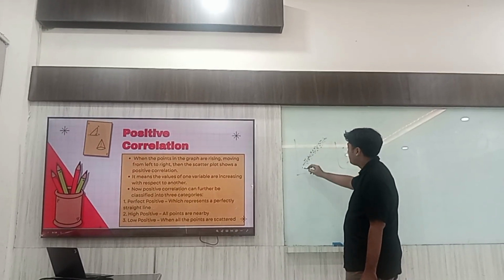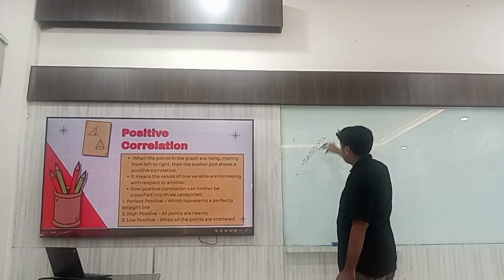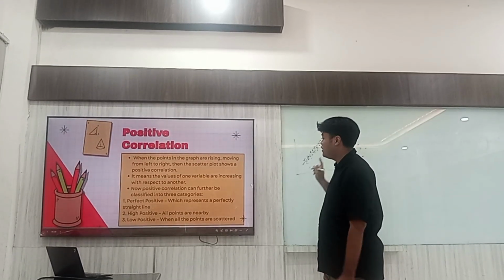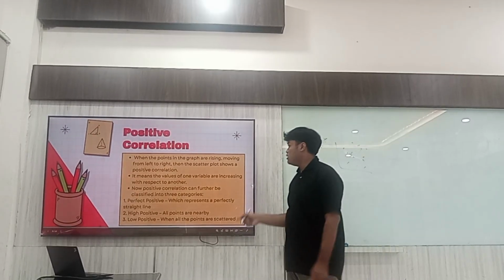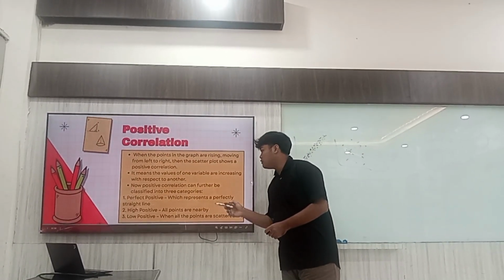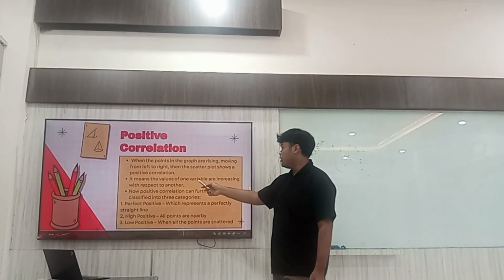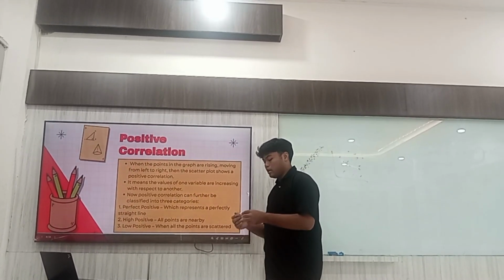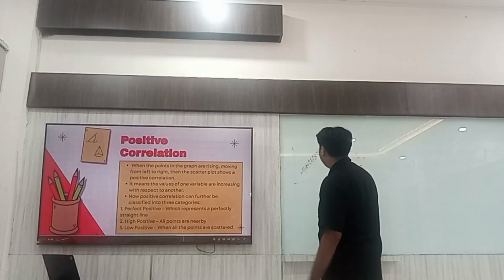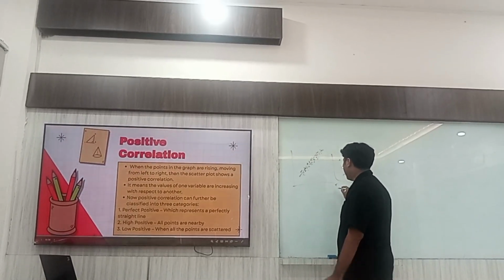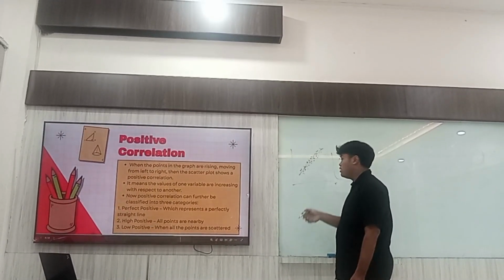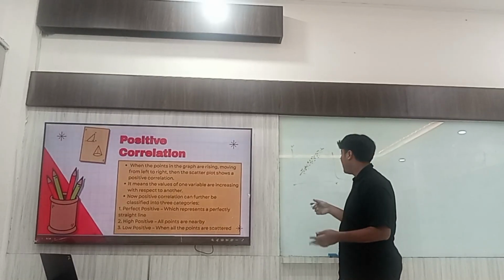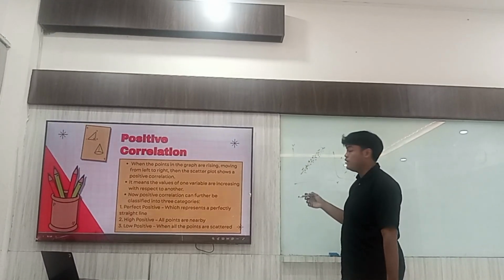Increasing to the right, we can identify this graph as a positive relation. Positive relation means the value of one variable increases with respect to another. So if variable x increases, then variable y also increases.